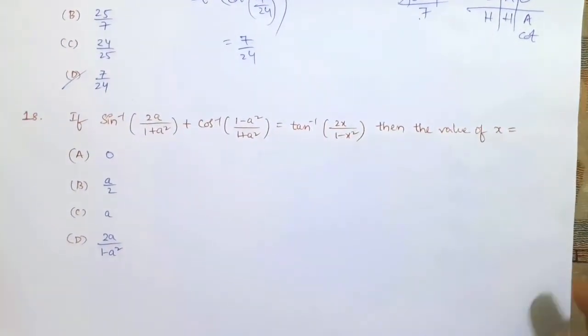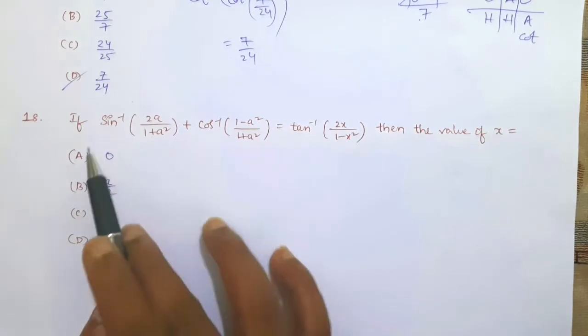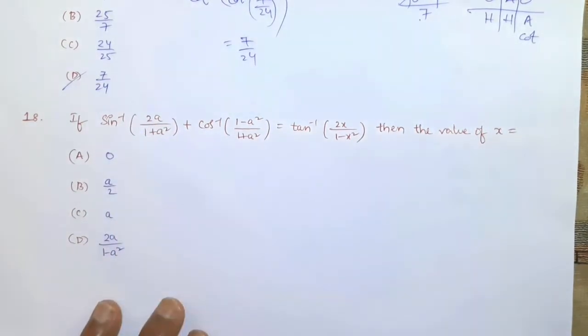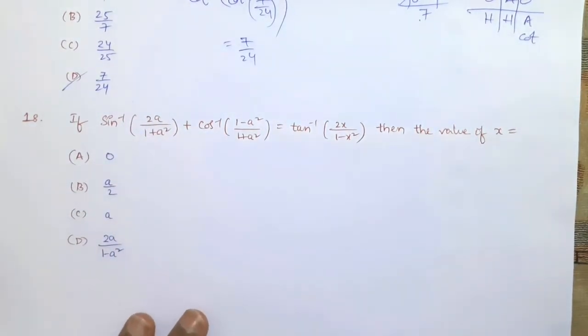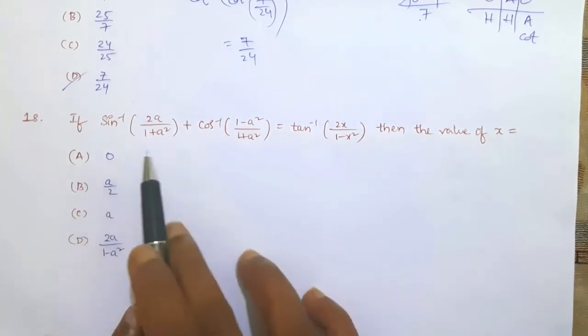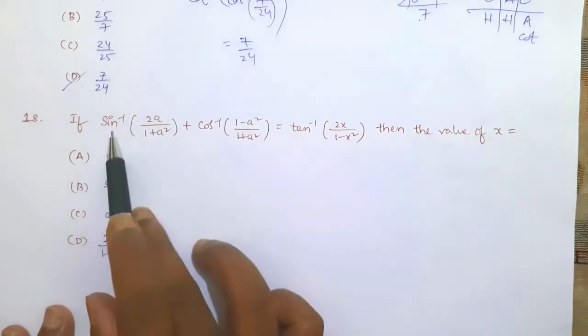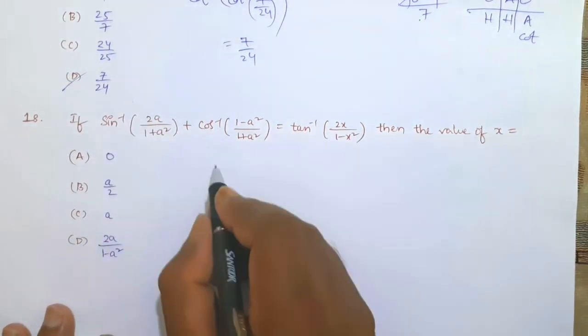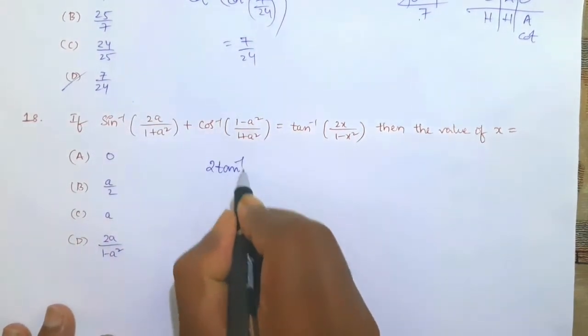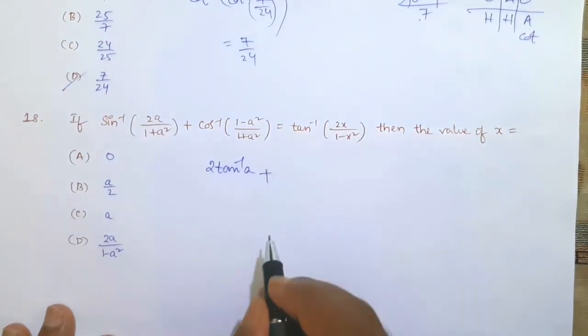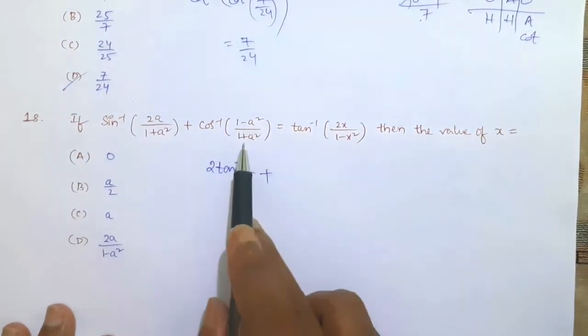Next, question number 18. Very interesting and important question. We know the formula of sin inverse of 2a by 1 plus a square. In some states and in NCERT also we have these types of formulas. Sin inverse of 2a by 1 plus a square we can write as 2 tan inverse a, plus cos inverse of (1 minus a square) by (1 plus a square).